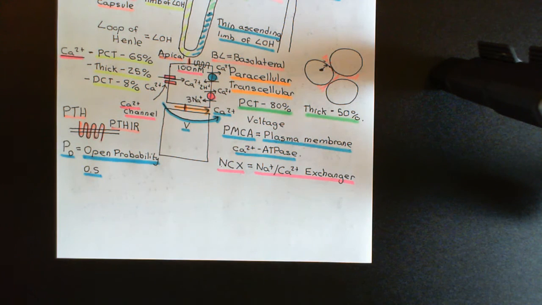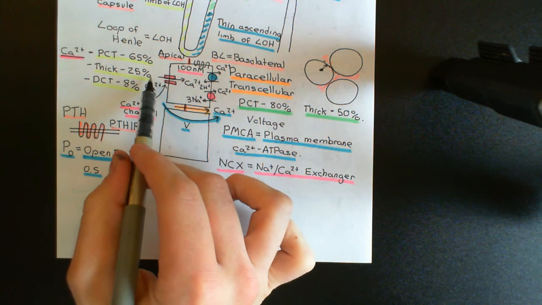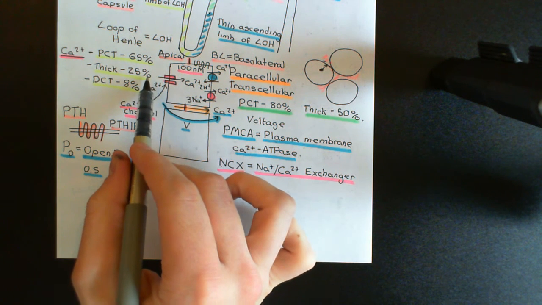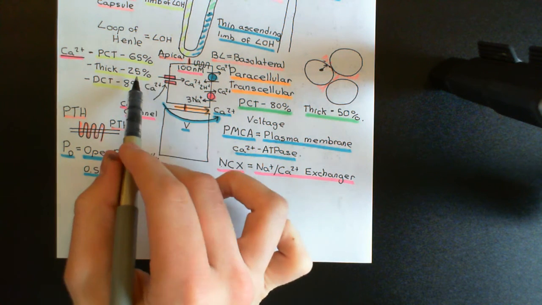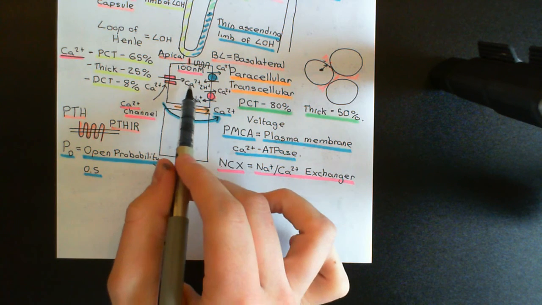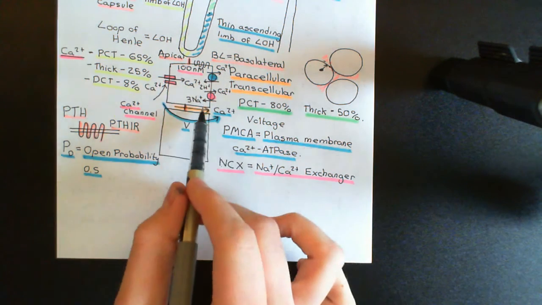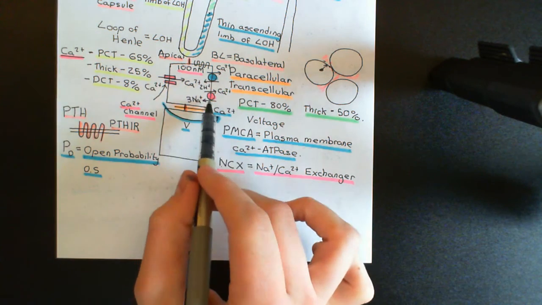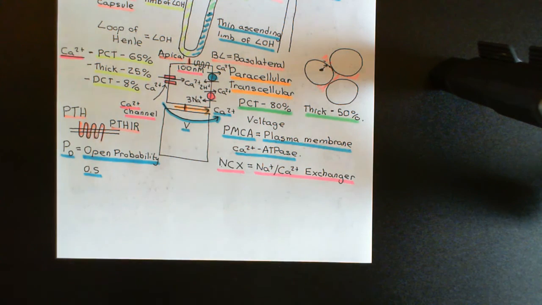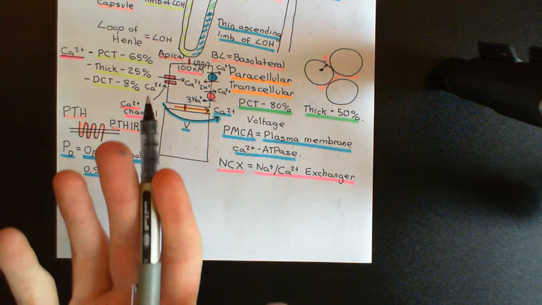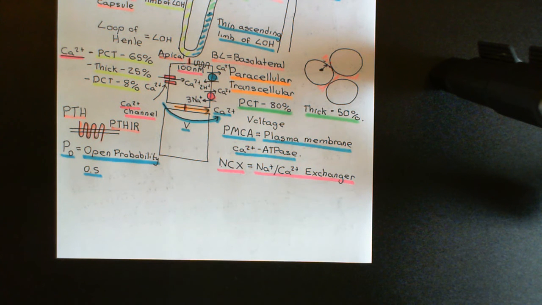That modification is then going to result in these channels spending more of their time in the open state versus the closed state. So the amount of calcium conducted from the apical luminal fluid into the cytoplasm of the cell is going to go up, and that's then going to go across the basolateral membrane through these active transporters and into the basolateral extracellular fluid. So you can see that that's going to result in an increase in the transcellular resorption of calcium.